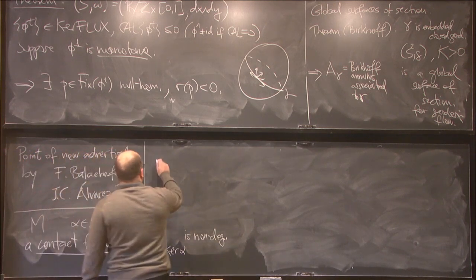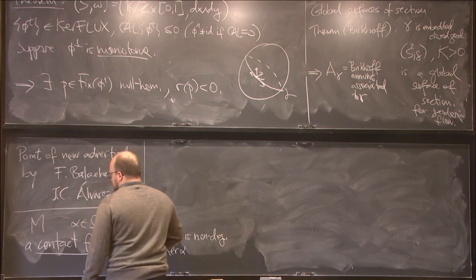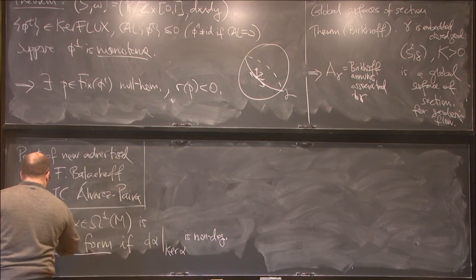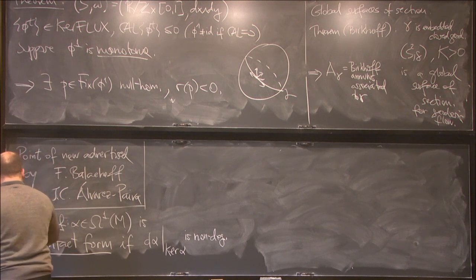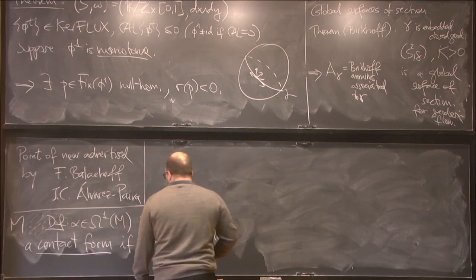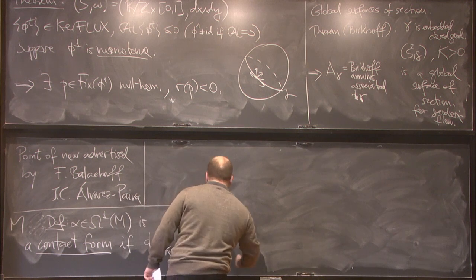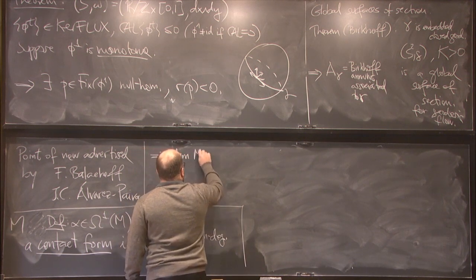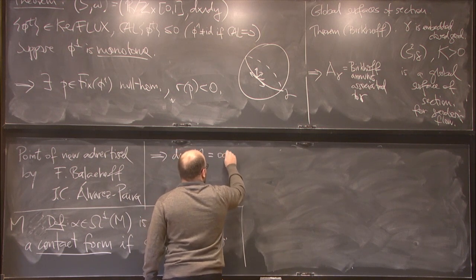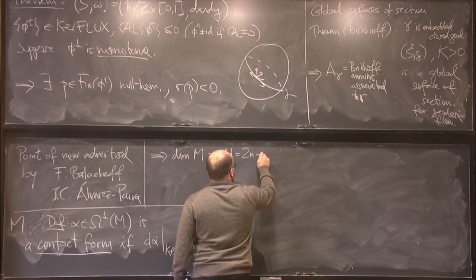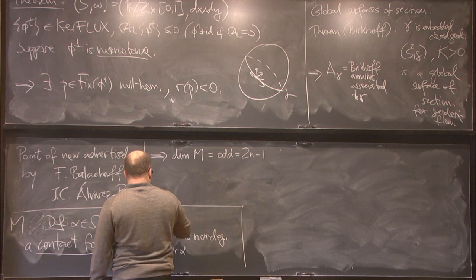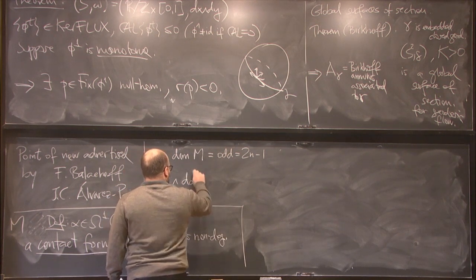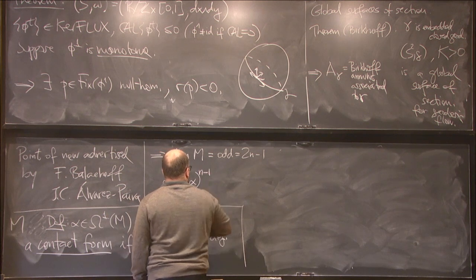This forces the dimension of the ambient space to be odd, say 2n minus 1, and then this condition is equivalent to saying that alpha wedge d alpha to the n minus 1 is a volume form.